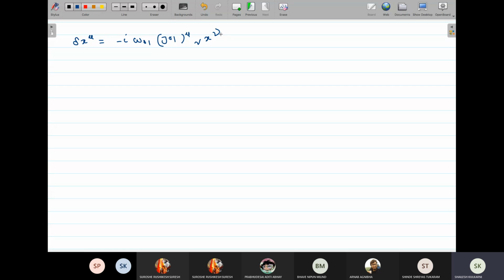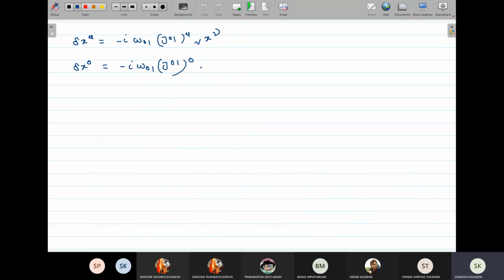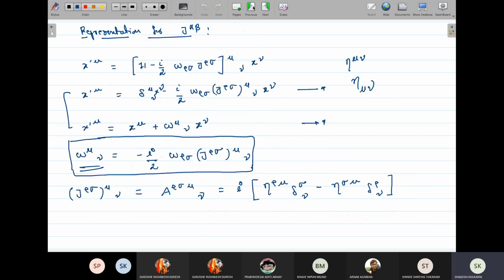So now what will be delta? Let us fix mu. Let us ask what is delta x0. Delta x0 will be minus i omega 01 j01. Mu has to be 0. If mu has to be 0, then look at this form of the matrix; then nu has to be 1, x1. What is omega 01? Omega 01 we have already obtained.